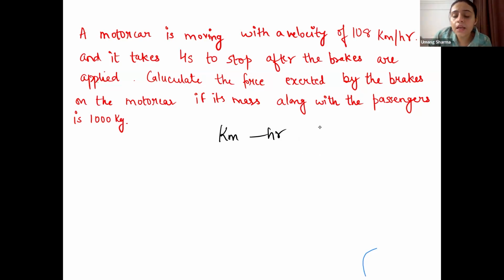So we multiply it with 5 upon 18. First convert this one. Like this. So you will get 30 meter per second here.